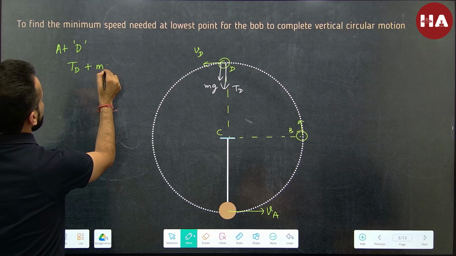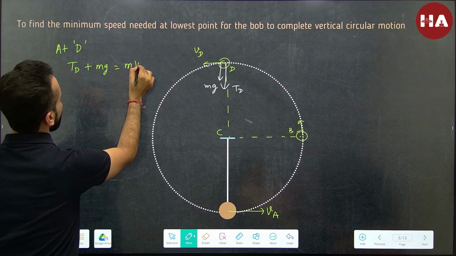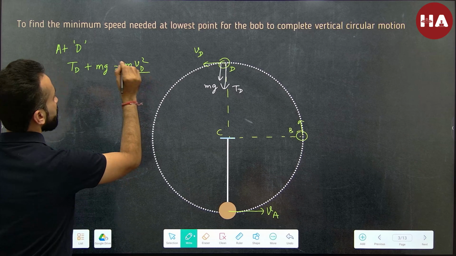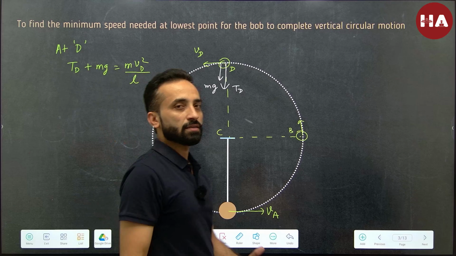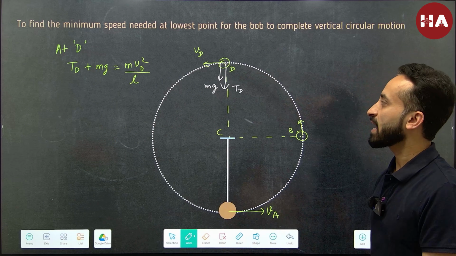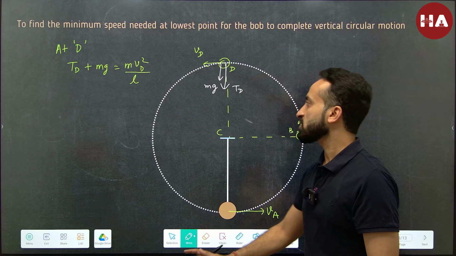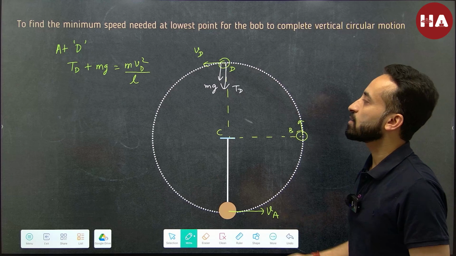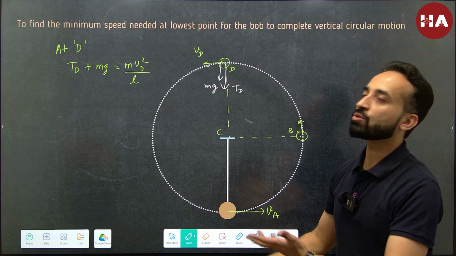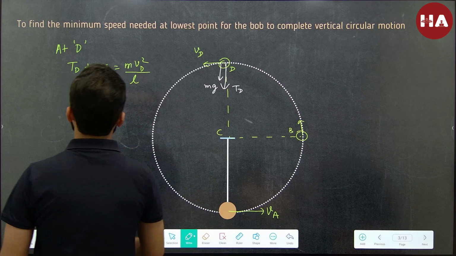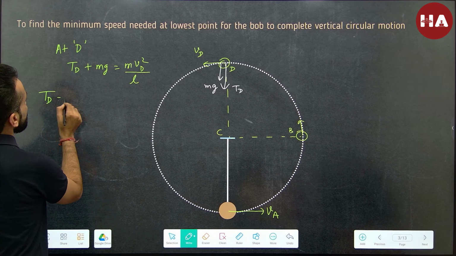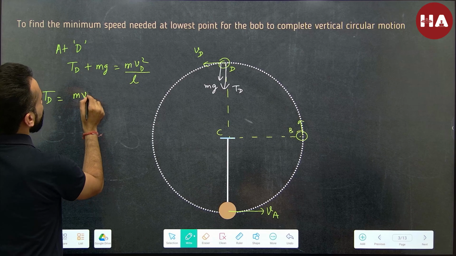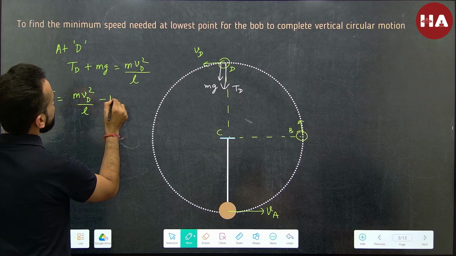Td plus mg is equal to m Vd square by L, isn't it? What have I written? Net force is equal to mass times acceleration. What is the acceleration? It is nothing but v square by r, since it is circular motion, right? So the value of Td turns out to be m v square by L minus mg.